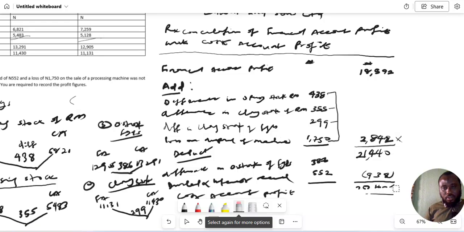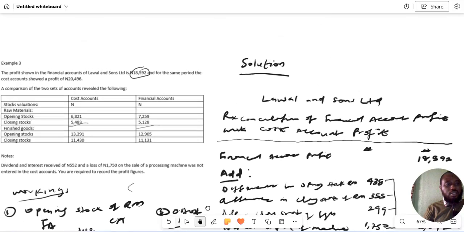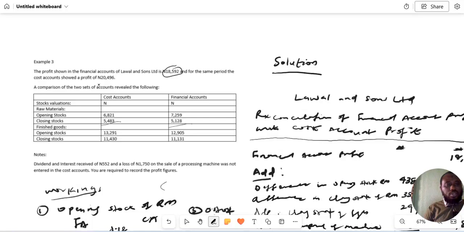So this should be 20496, which is similar to what we have here. Check the balance: the cost accounting profit is also 20496, showing that we've been able to reconcile these transactions.